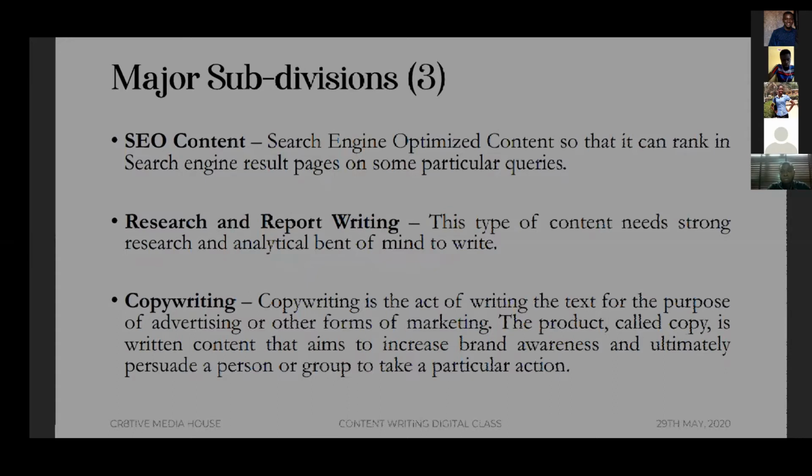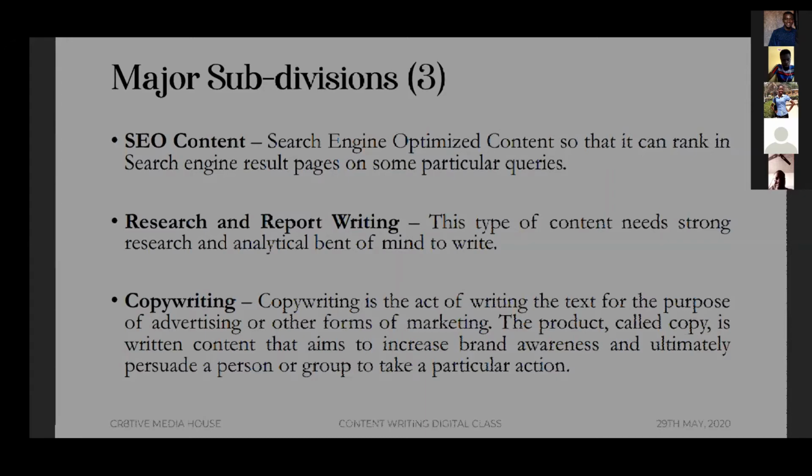SEO contents are those that you create such that you can reach a particular demand, like search. People come online and they want to get something, and they need a keyword that they are going to be searching for that would lead them to a particular content. The keywords they use are what SEO professionals create content for, basically.